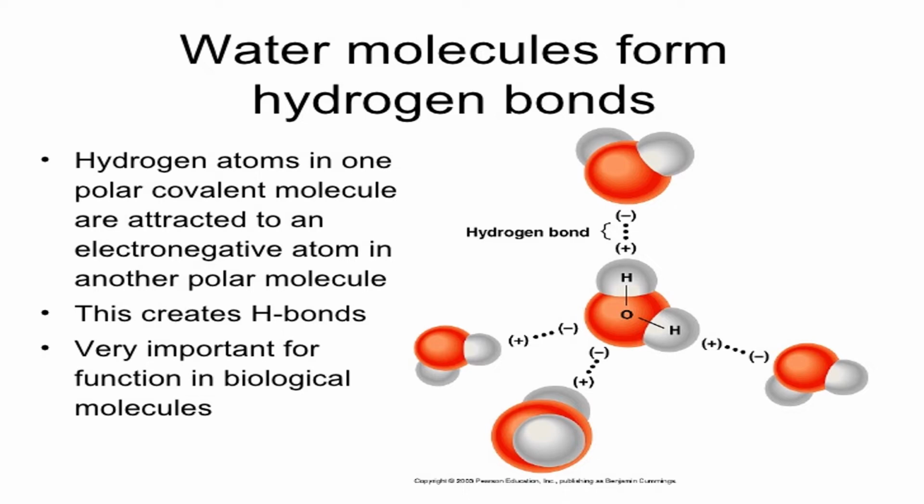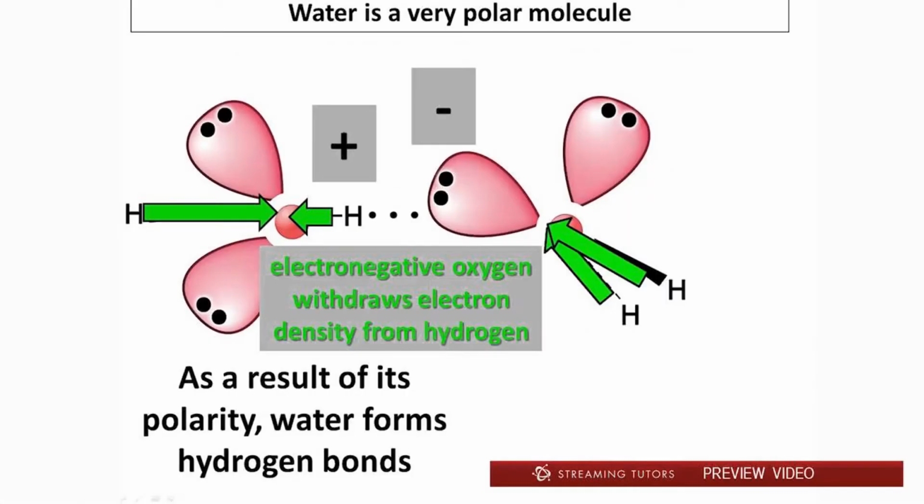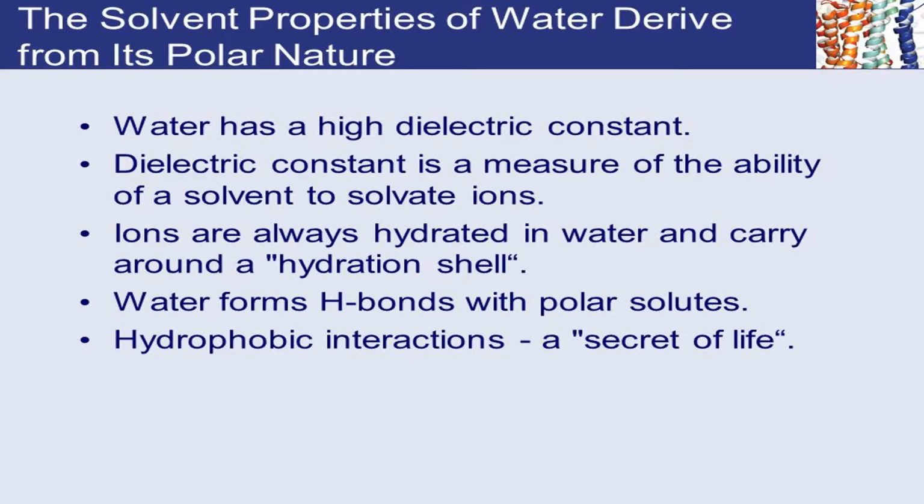So the shared pair of electrons in the water molecule is more likely towards the oxygen than the hydrogen atom, which is very important for function in biological molecules. Here the density of the electronegativity is towards the oxygen rather than the hydrogen atom, giving the polar nature of the water molecule.